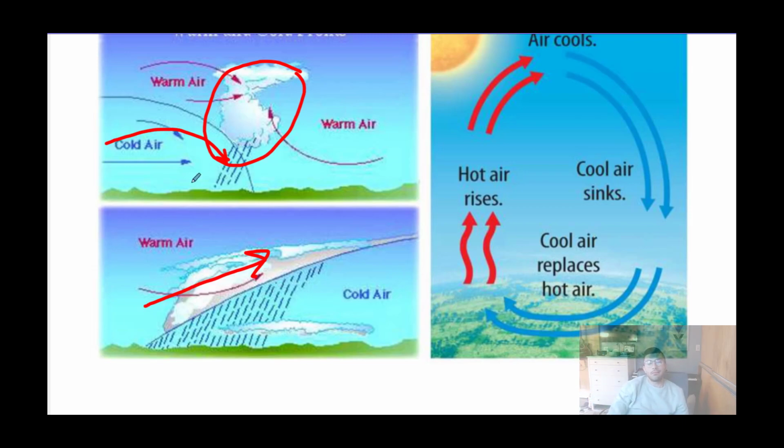In the example where the warm front is coming in and the warm air is moving in, we get the clouds to form over a larger area. They're going to be thinner and more spread out as a result. And the precipitation that we're going to get here is going to be lighter, it's going to be steadier, and it's going to last for a longer period of time because the clouds are covering more land than in the first example above here with the cold front, right?